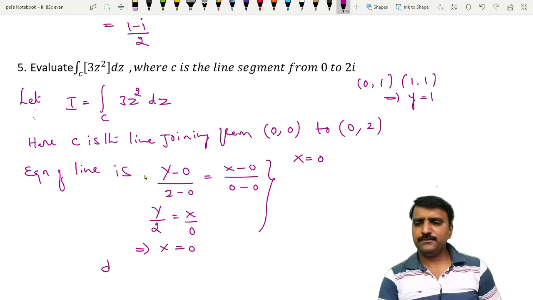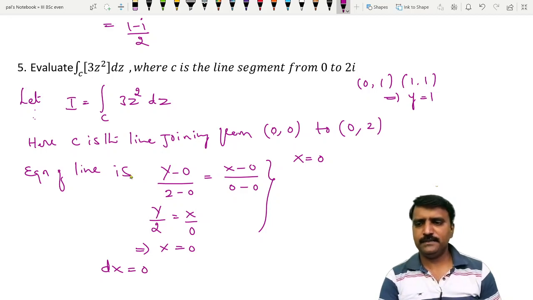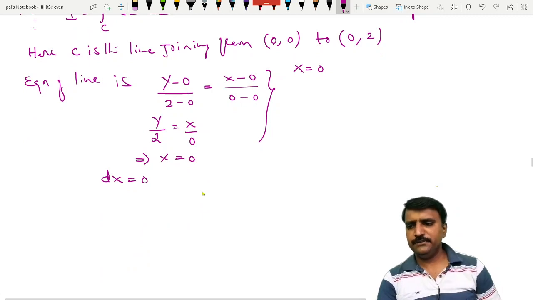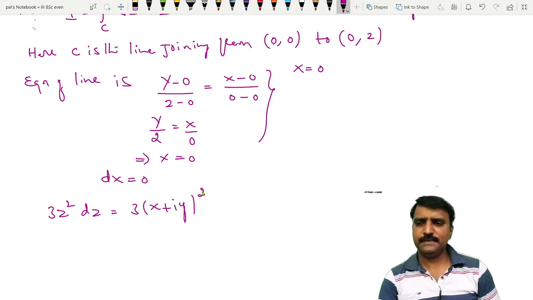If x is 0, then what is dx? dx is also 0. If you substitute all these in I, you write 3z square into dz first. 3z square into dz can be written as 3 into (x plus iy) whole square into dz, which is dx plus i dy.